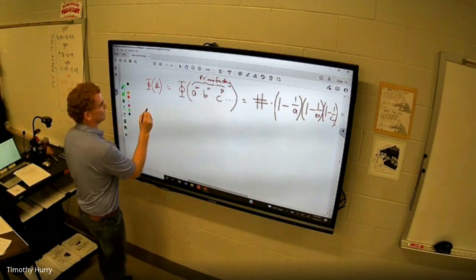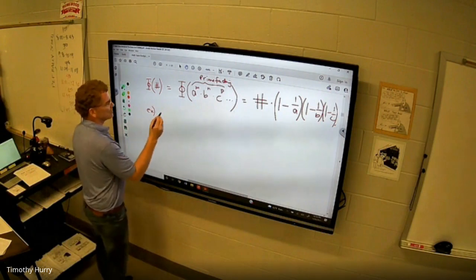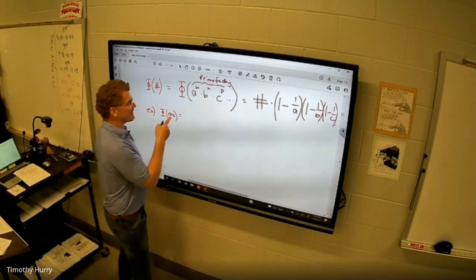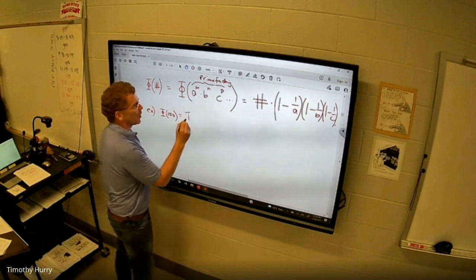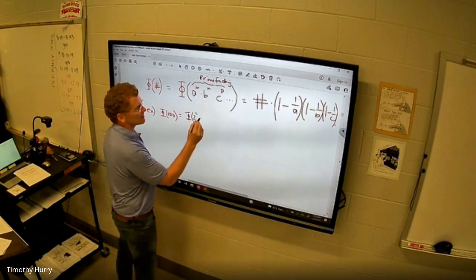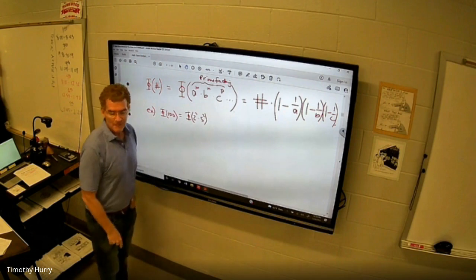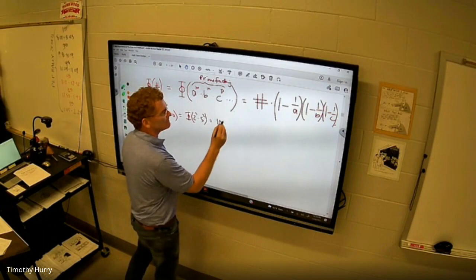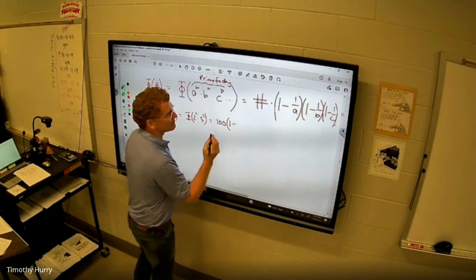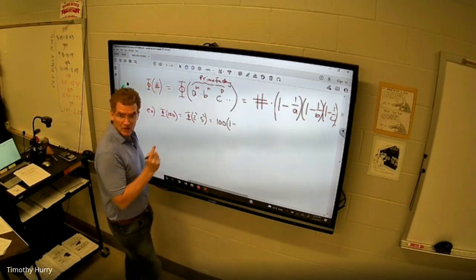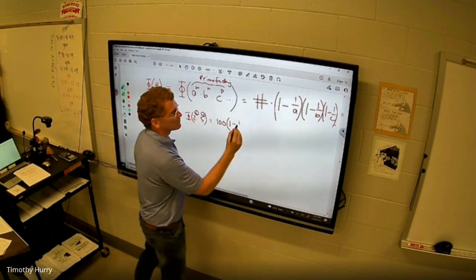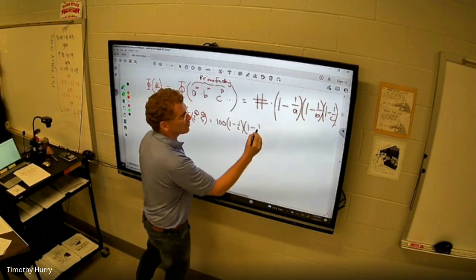So for example, we'll use phi of 100. We already know the answer to this is 40 because I showed you that. But since 100 factors into 4 times 25, or 2 squared times 5 squared, all I have to do is take the 100 and multiply it by 1 minus 1 over 2, you don't even need to worry about the exponents, and then 1 minus 1 over 5.